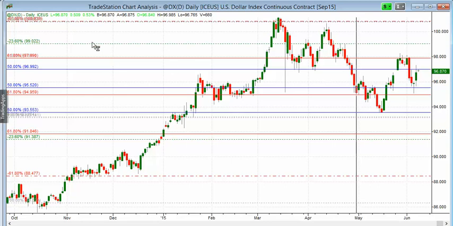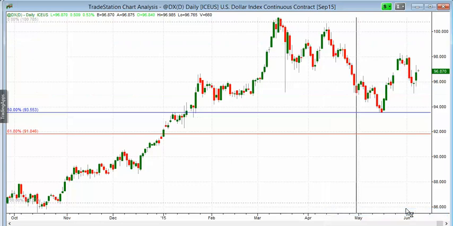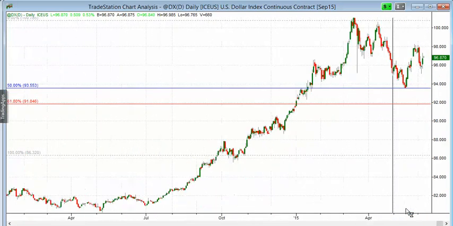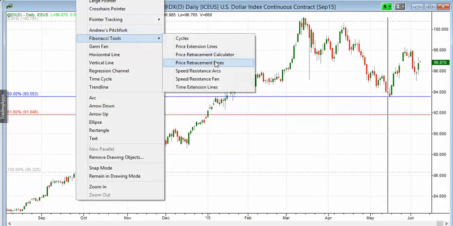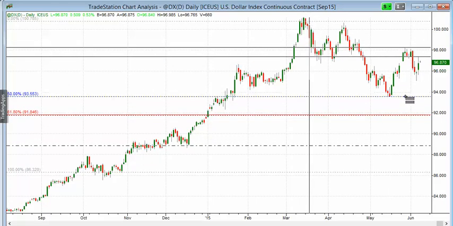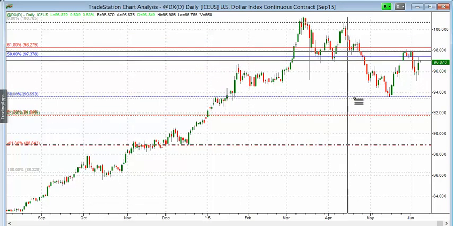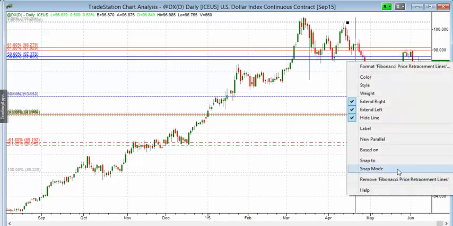Let's look at the dollar index here. What happened in the dollar index is that this market came to trade a level that actually traded in mid of May here, and then broke the halfway back from the previous high here, but did not break the halfway back from the highs we saw in March.